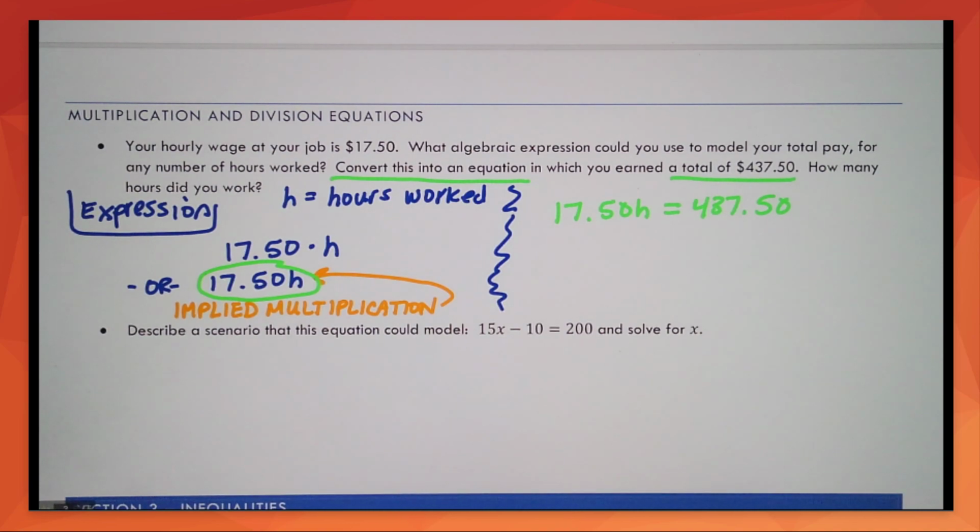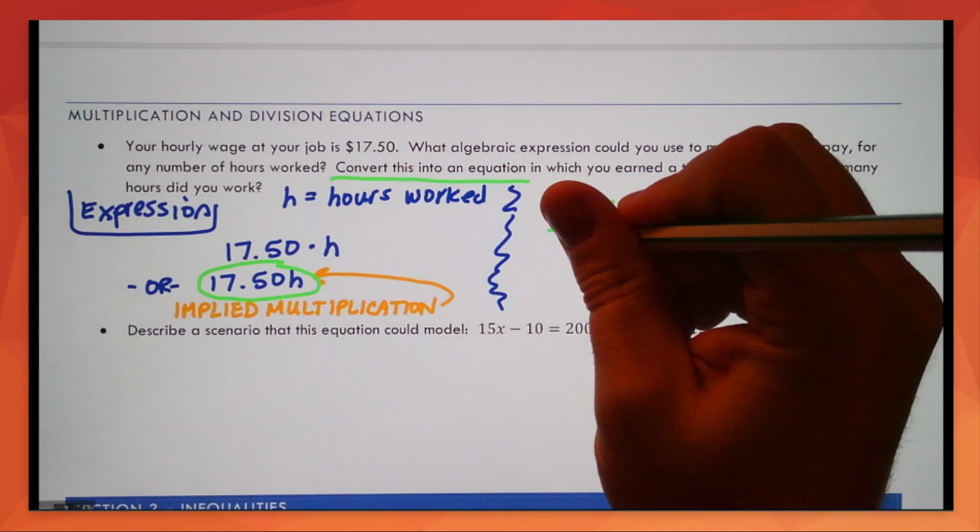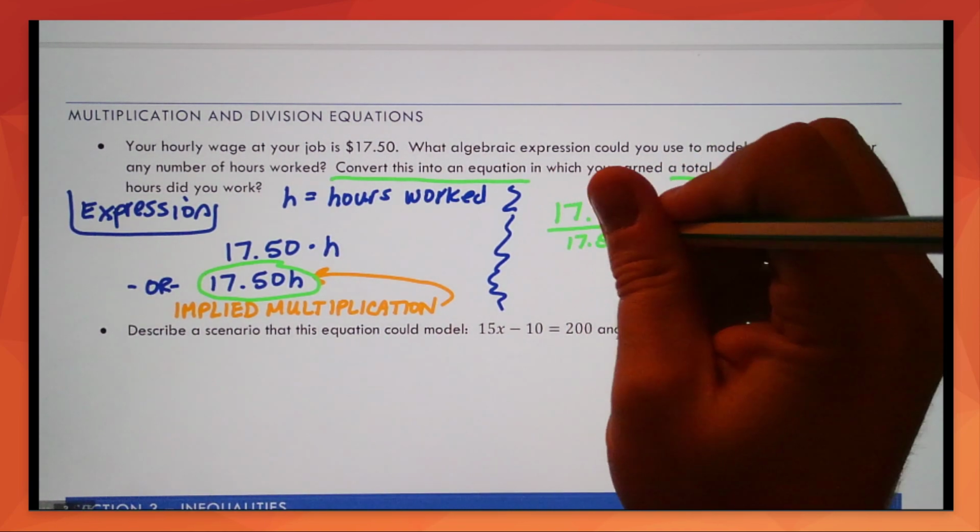So once again, we have an equation. This is a one-step equation where we need to do the opposite operation to get this variable, this H, by itself. And since this is multiplying, the opposite operation of multiplying is division. So you're going to divide this by 17.50.